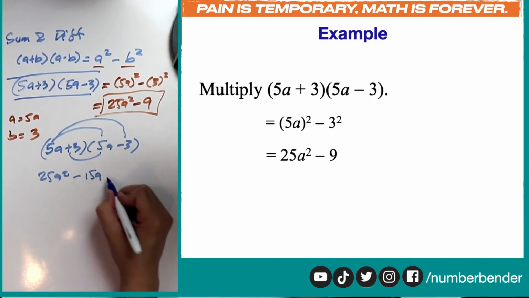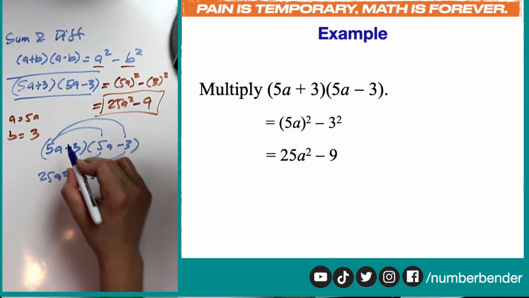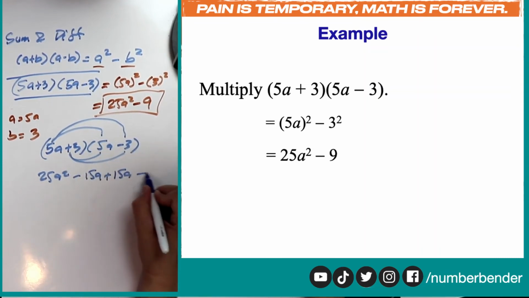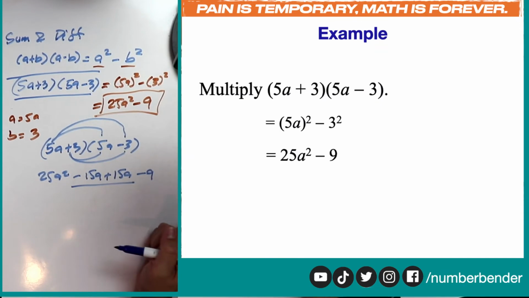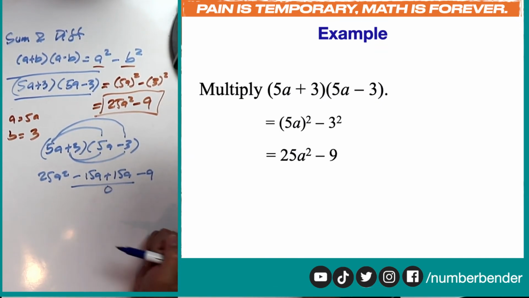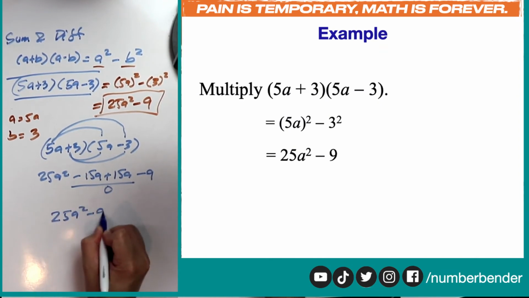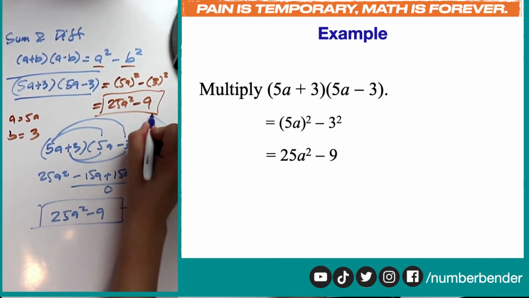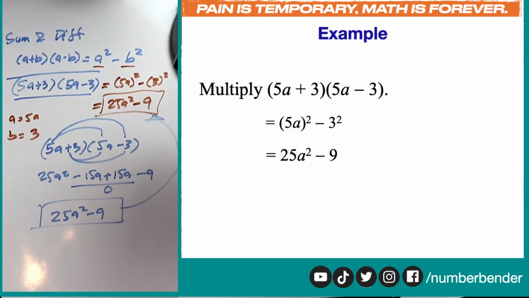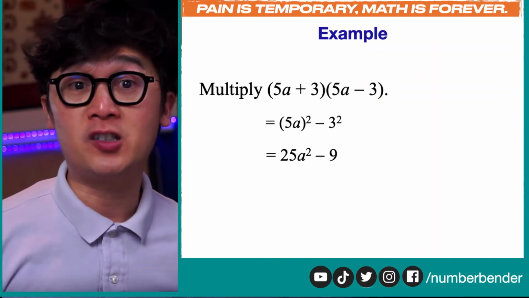Inner, which is positive 15a. And then last term, which is positive 3 times negative 3, is negative 9. And we know that we can simplify this, and negative 15a plus 15a is going to equal 0. So that means our product is 25a squared minus 9, which is the same as the product of our first work right here. So this is how we use this special case of binomial.